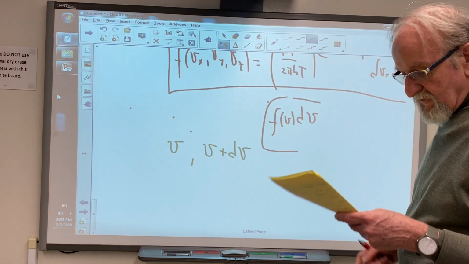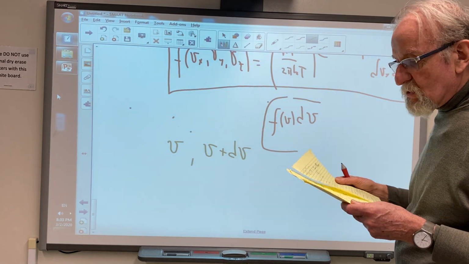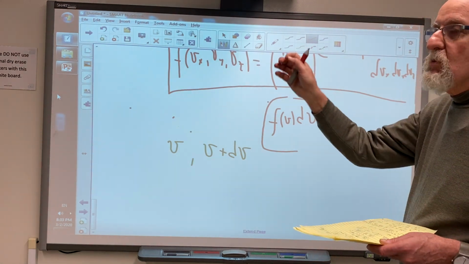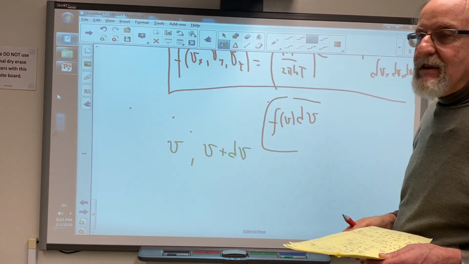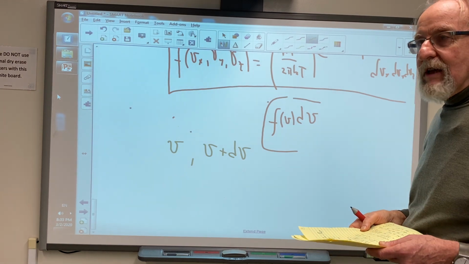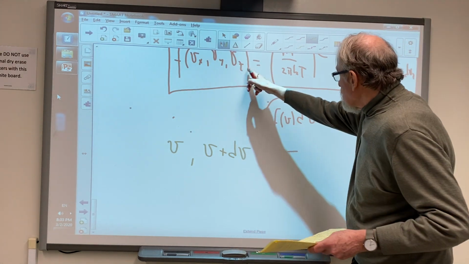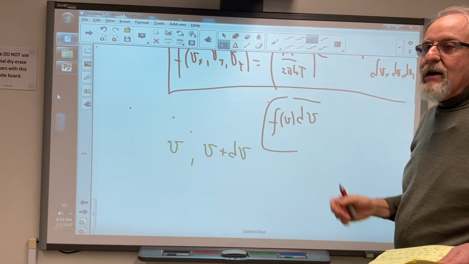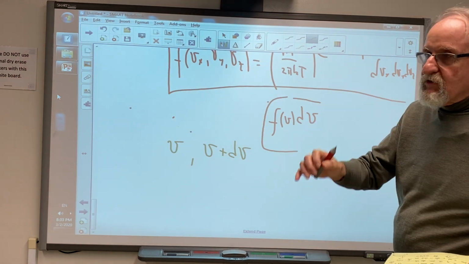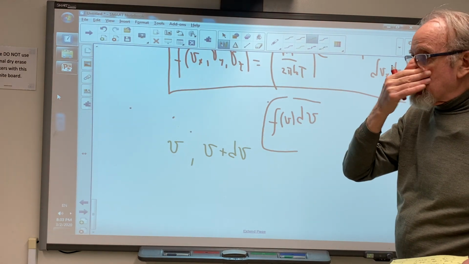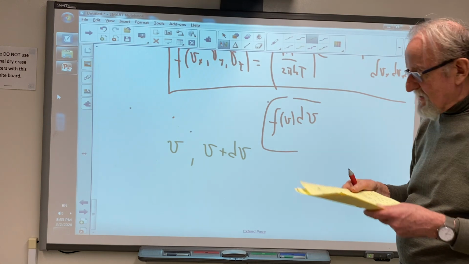So that means the following: I now know how many have one particular value of the velocity. It's this function that I wrote here. I want to count how many of those correspond to speeds between v and v plus dv.